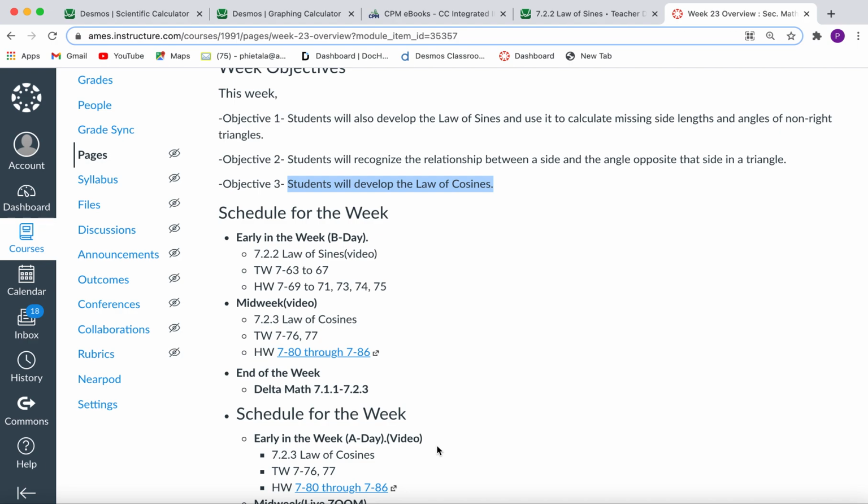So since this is for B-Day, we are doing 722 law of sines. Our teamwork is going to be 63 to 67 on Desmos. And then you do have a homework assignment. I took out number 72.